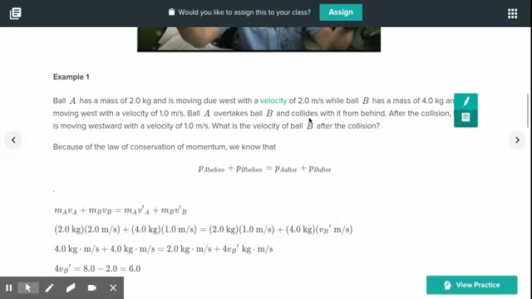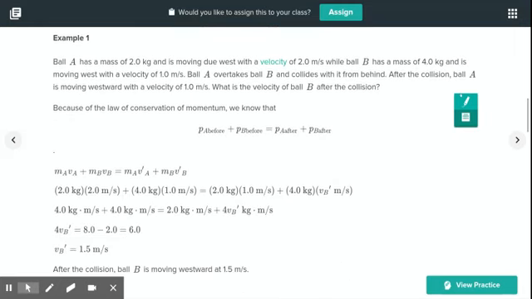So let's take a look at example 1. It says ball A has 2 kilograms and is moving due west at 2 meters per second. And ball B has 4 kilograms and is also moving west with a velocity of 1 meter per second, right? Ball A overtakes ball B and collides with it from behind.